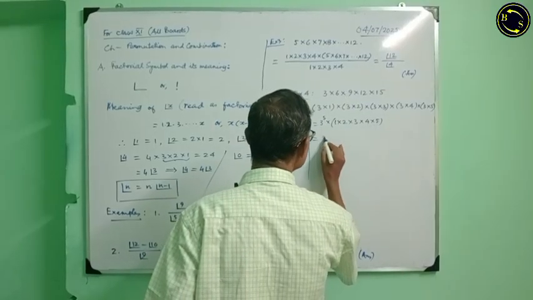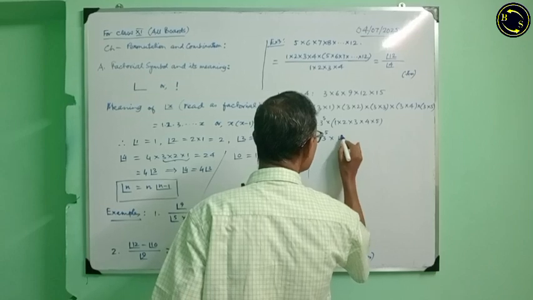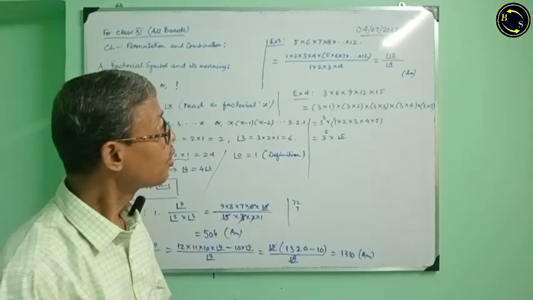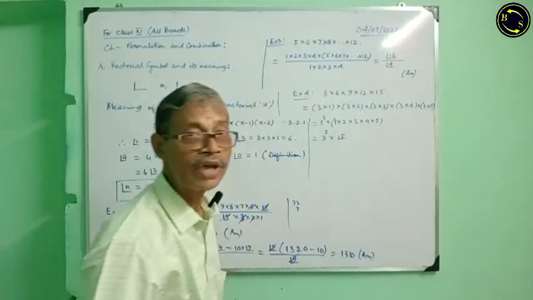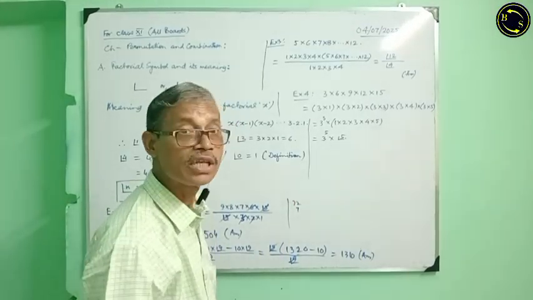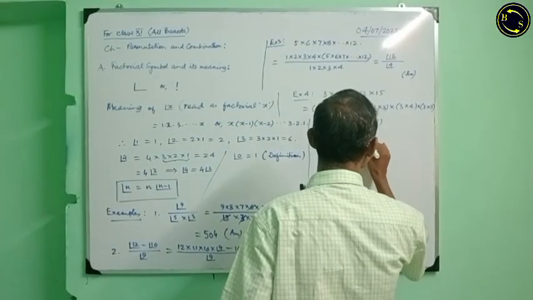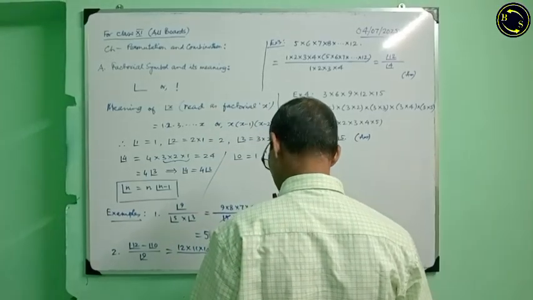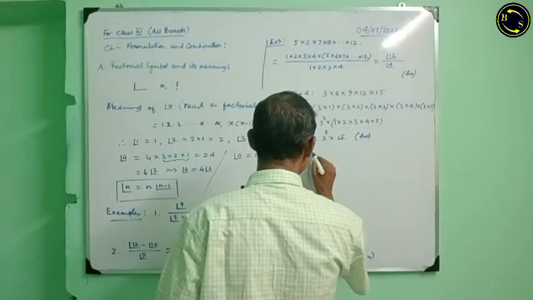Therefore, this is 3 to the power 5 into factorial 5. The problem was we had to express this product using factorial symbol. Therefore, I have expressed using factorial symbol. Therefore, this is the answer. Now, next example.